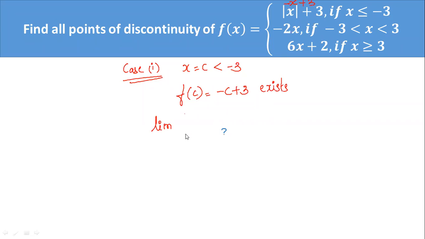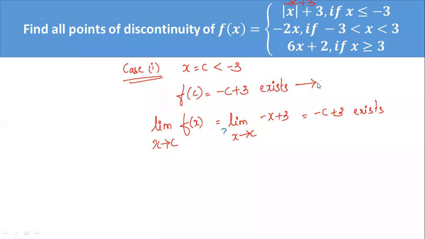Limit of f of x as x tends to c. So that is limit of f of x is minus x plus 3, because your c is less than minus 3. That is minus c plus 3. Clearly this also exists because this is a polynomial. So from 1 and 2, both are equal.